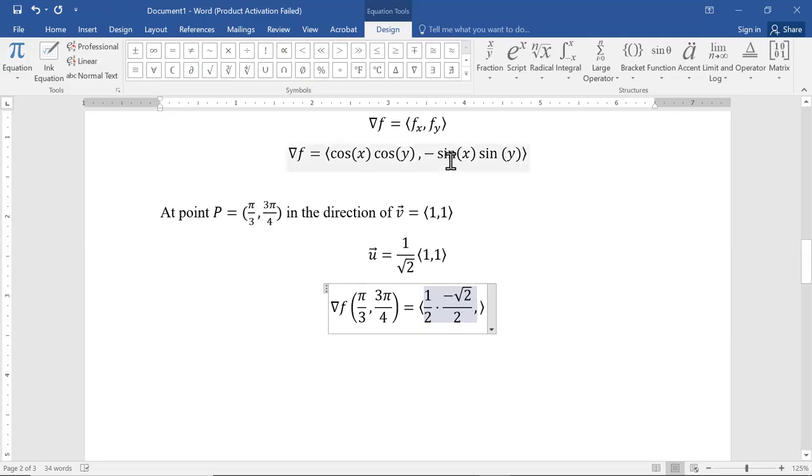Now let's do the same thing for sine. First off, I have a negative out front, but sine of pi over 3 is going to be root 3 over 2. Sine of 3 pi over 4, and I'm just typing this into my calculator, is a positive root 2 over 2.